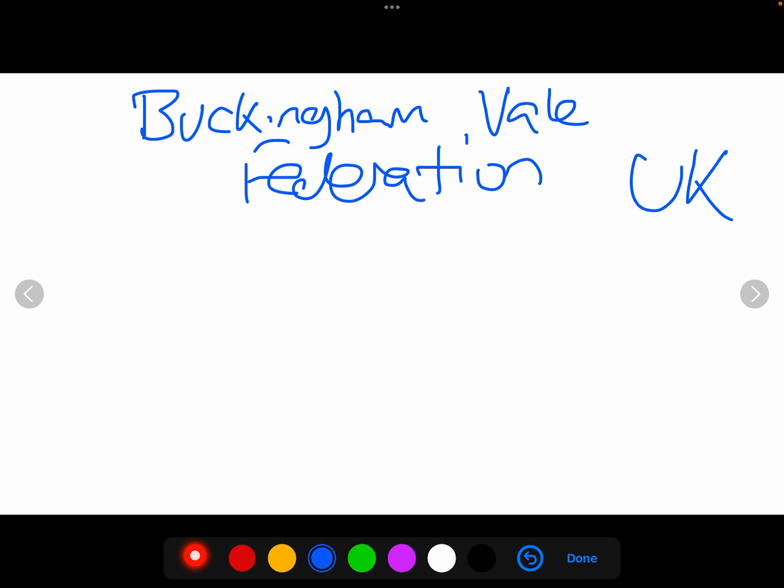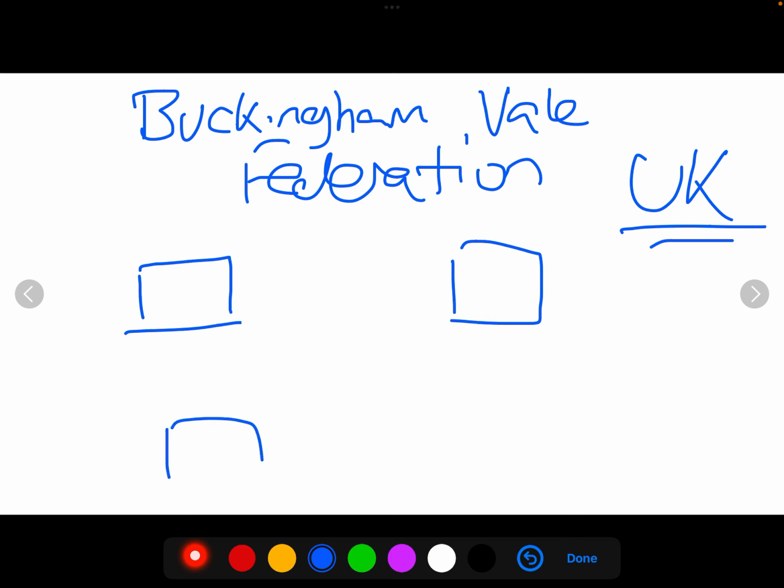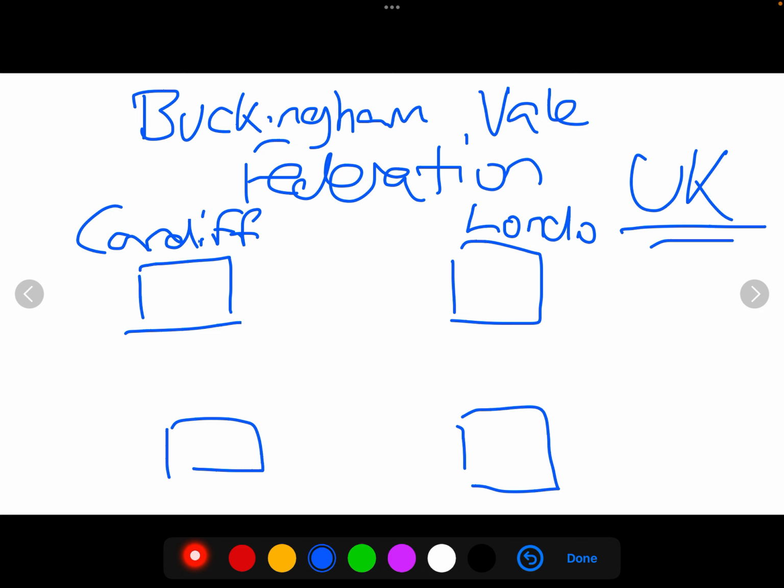So that's where I'm from. We've got four schools: first, second, third, and fourth. The first school is in Cardiff, Wales. The second is in London. The third is in Newcastle.